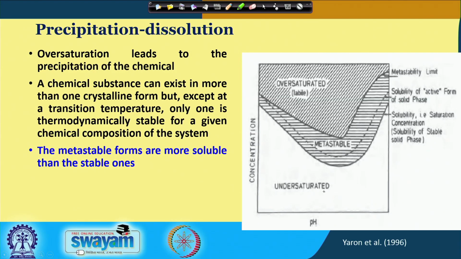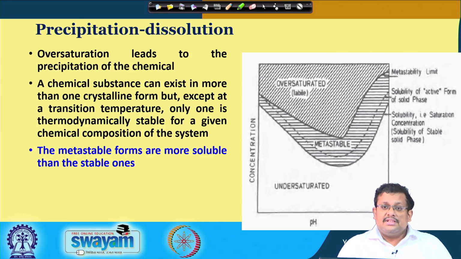So, this diagram shows the relationship between pH and the concentration and how they can manifest themselves in an oversaturated condition, as well as how they can be undersaturated and what the metastable limit is inside.